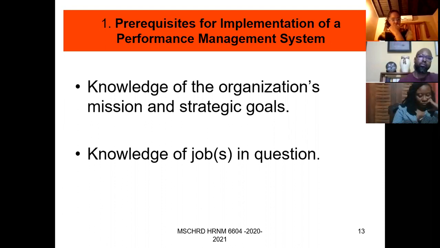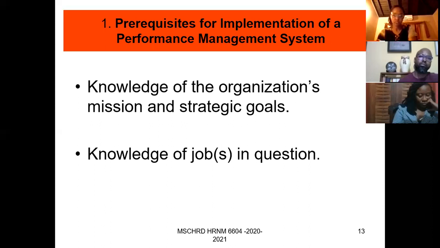What are the bits of information that you need to gather so that you can design a system that is aligned to the organization's goal, a system that meets the organization's needs, a system that's going to allow it to measure the outcomes based on the type of industry they are. So the first thing we say to you, if you are the consultant that goes in, you need to have knowledge of the organization's mission and its strategic goals.